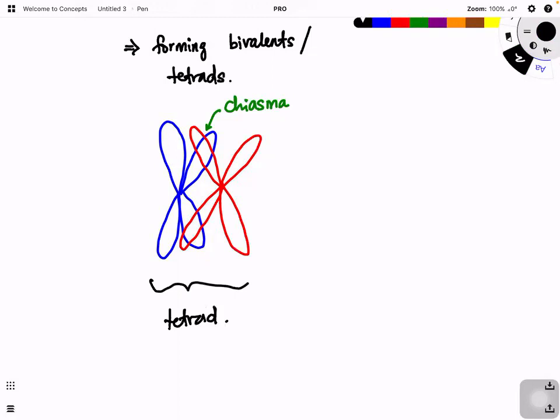Named as tetrads or bivalents. If you zoom in, you will know that they do have the centromere. This centromere will be attached to the spindle microtubule.